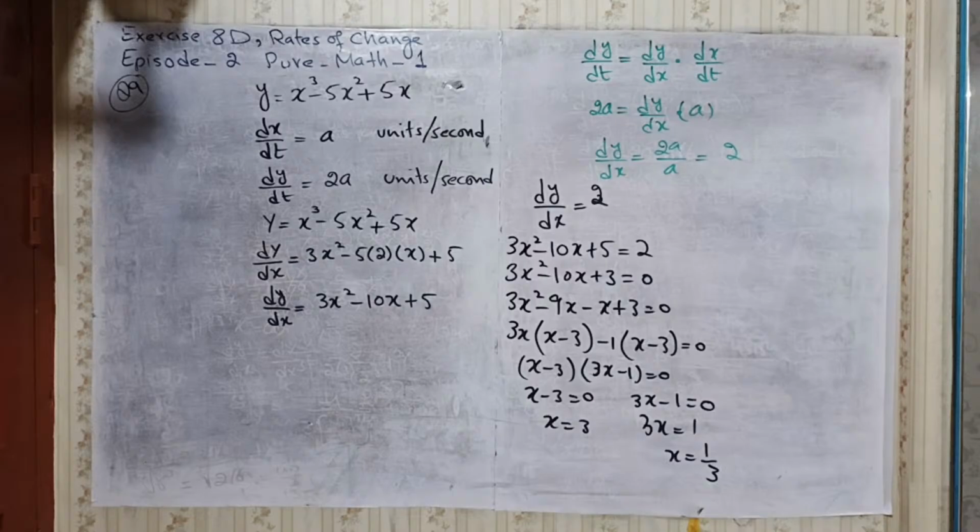Exercise 8D was about rates of change, and chapter 8 is about further differentiation. We are solving the solution book of Pure Maths 1, which covers the syllabus content of paper 1 of the Cambridge International AS and A Level Mathematics 9709.